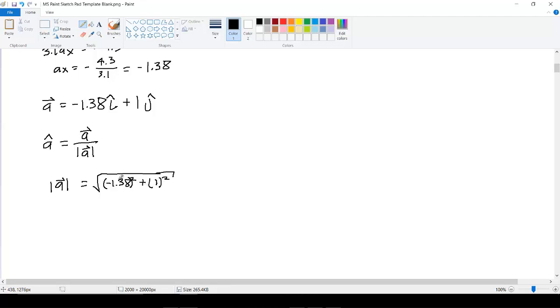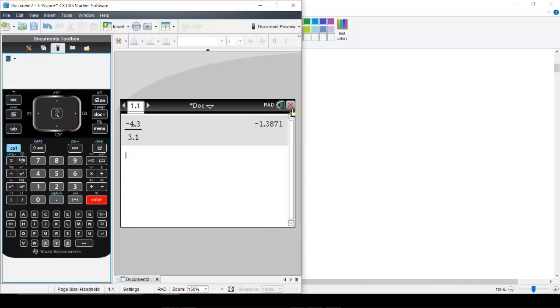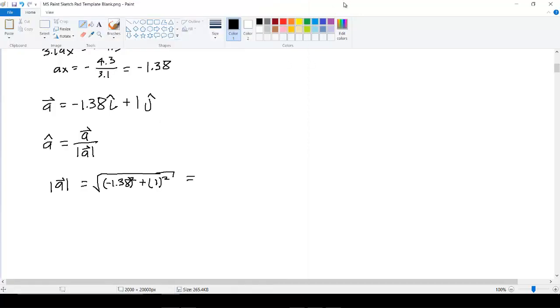You add those together and then put them under a square root, and that will give you your magnitude. Minus 1.38. And I do want to make sure that ends up in parentheses because it's a negative, so you want to square out that negative. Plus 1 squared. So it ends up having a length of 1.70.